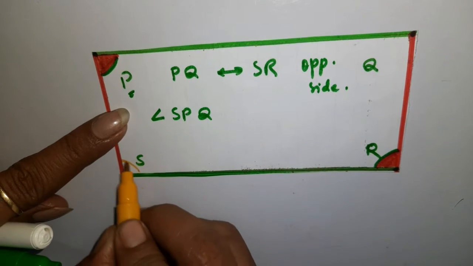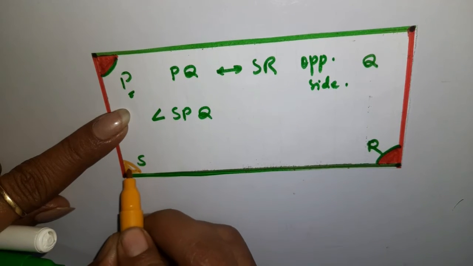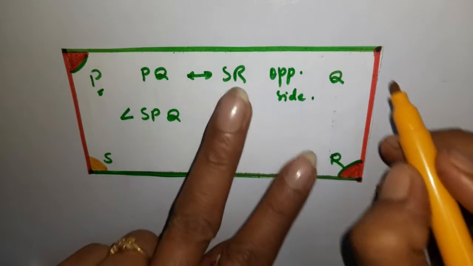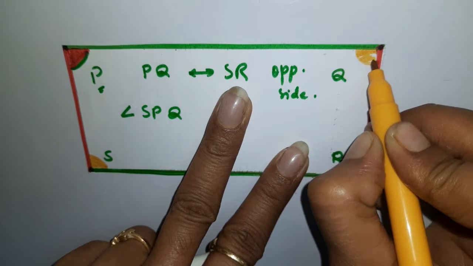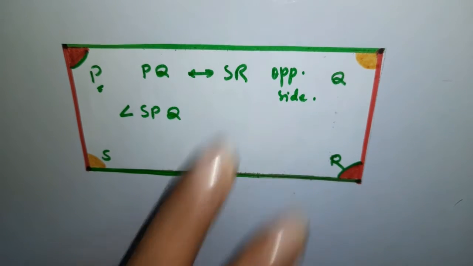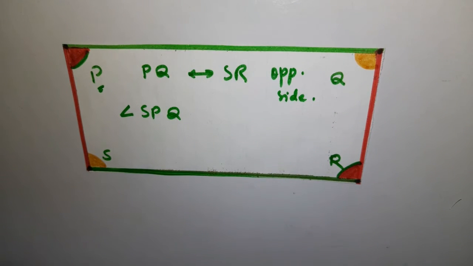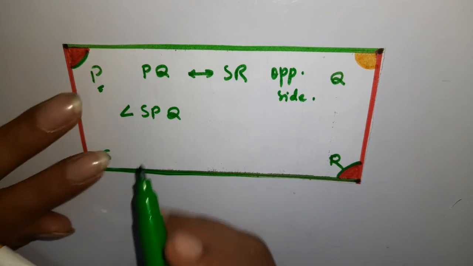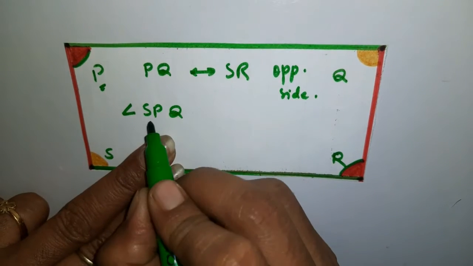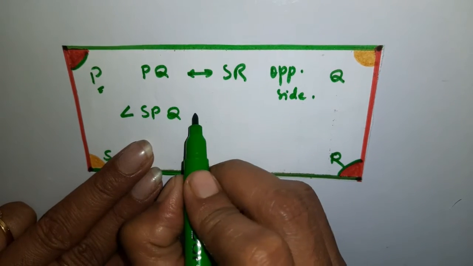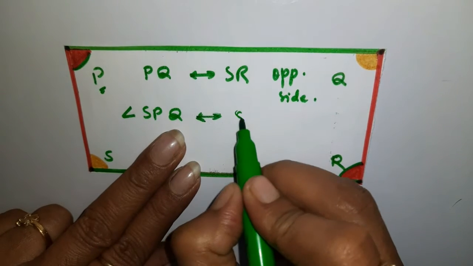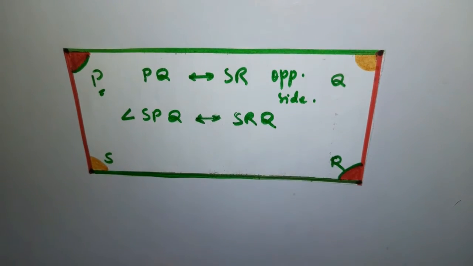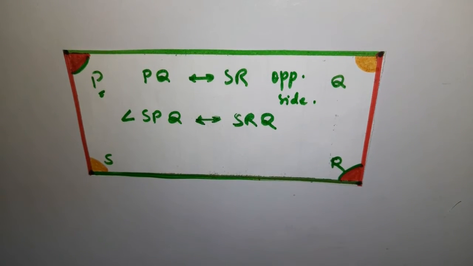These are the opposite angles. This angle is opposite to this angle. Got it? These two angles are opposite to each other. Now how do you define it actually? How will you say that this angle SPQ is opposite to angle SRQ? How can I define it?